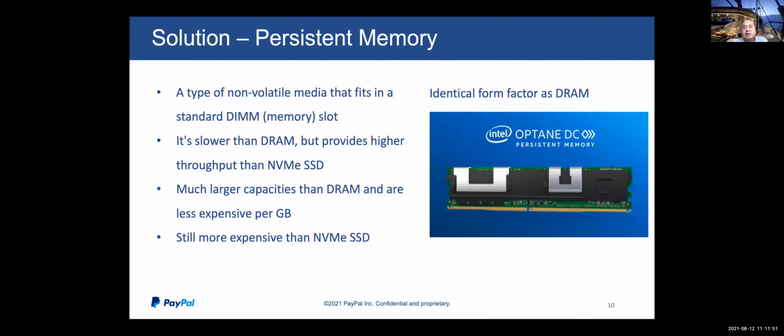So basically, we can swap out a DRAM and put in this persistent memory. And we're going to talk about what advantages the persistent memory offers. As I mentioned earlier, it is slower than DRAM, but it provides much higher throughput than the NVMe SSD. At the same time, it provides much higher capacity than DRAM at a lower cost.